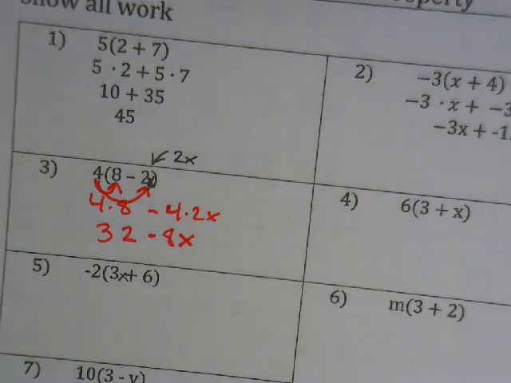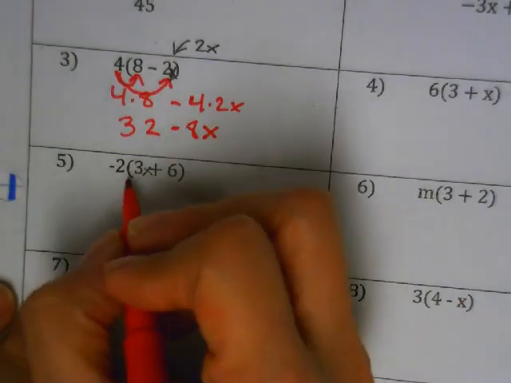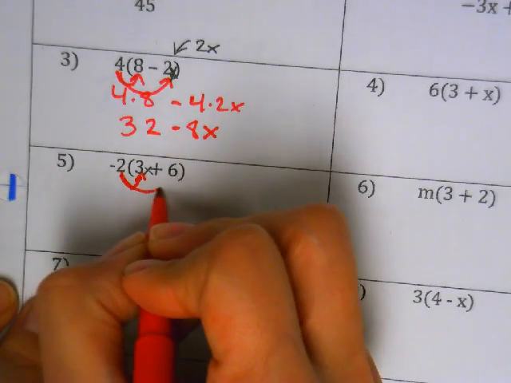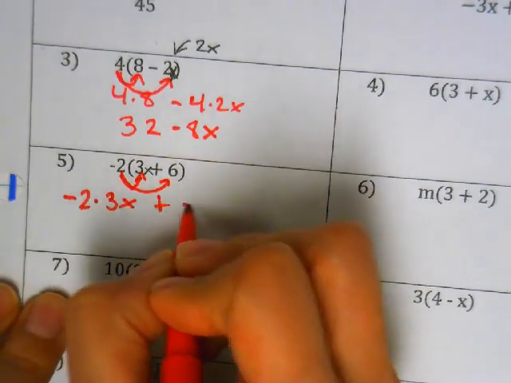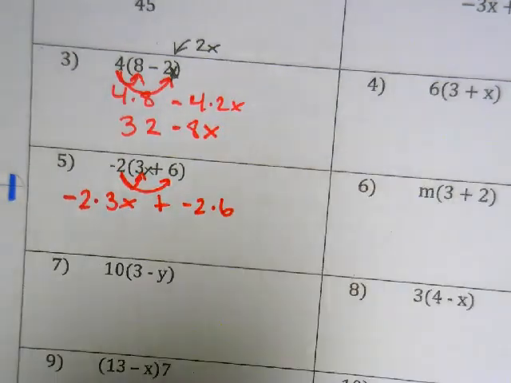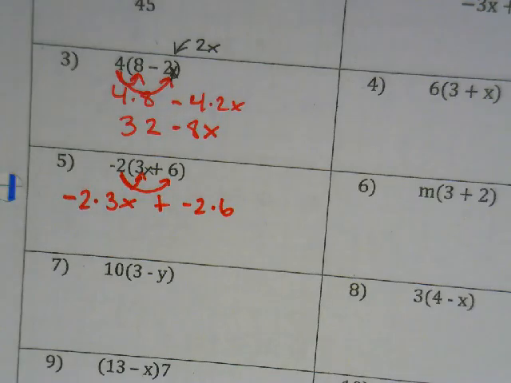So I didn't go over the negatives, but did you guys do number 5 already? Why does that have negative? Bro, because we're in 7th grade.